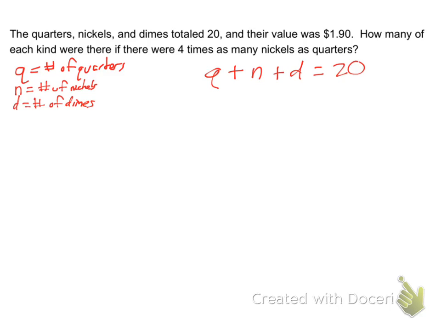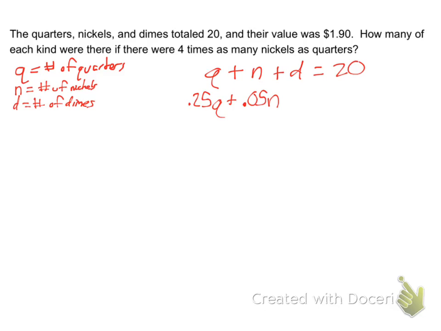Now, wait a minute. We also have money. And each one of these is worth money. How much is a quarter worth? Q times 25, so 25Q, plus 0.05N, not 0.5N.